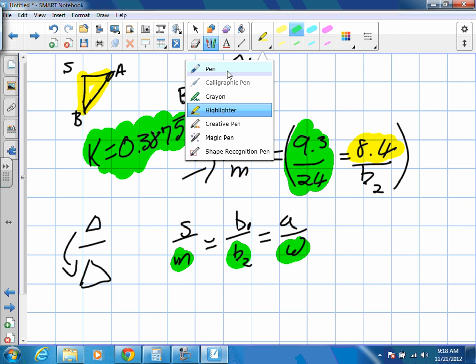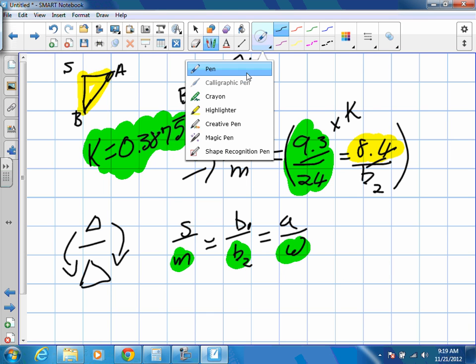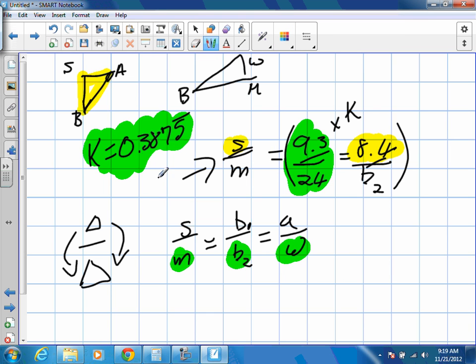So we can multiply any of these sides by our scale factor K. I think I said that backwards. We're going from the bigger triangle to the smaller one. We can multiply any of these sides by the scale factor K and get the smaller triangle. So I reverse these arrows.